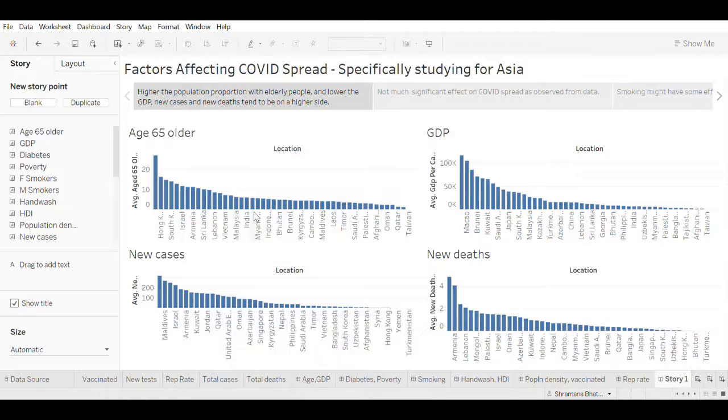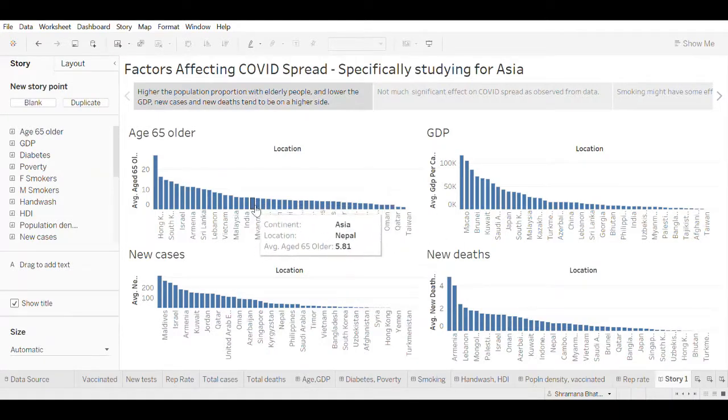And the GDP of India is also not at a very good position right now. Where is India? Somewhere here, I just missed it. Anyway, the deaths also, the average new deaths, were comparatively lower for India.